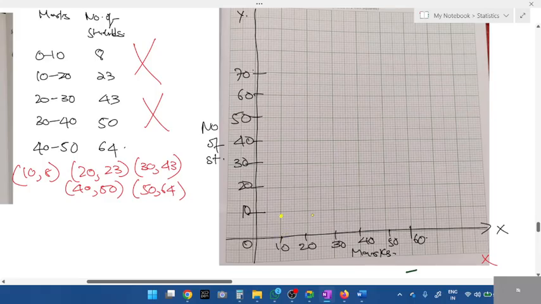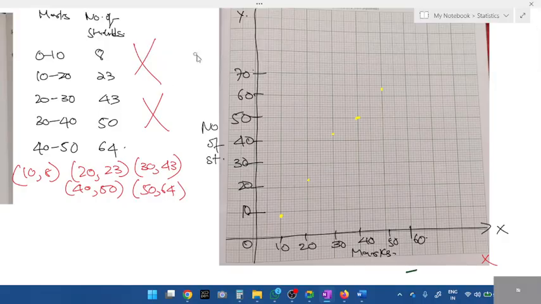2 lines below 10. 20 comma 23. 3 lines. 30 comma 43. 40 comma 50. 50 comma 64.